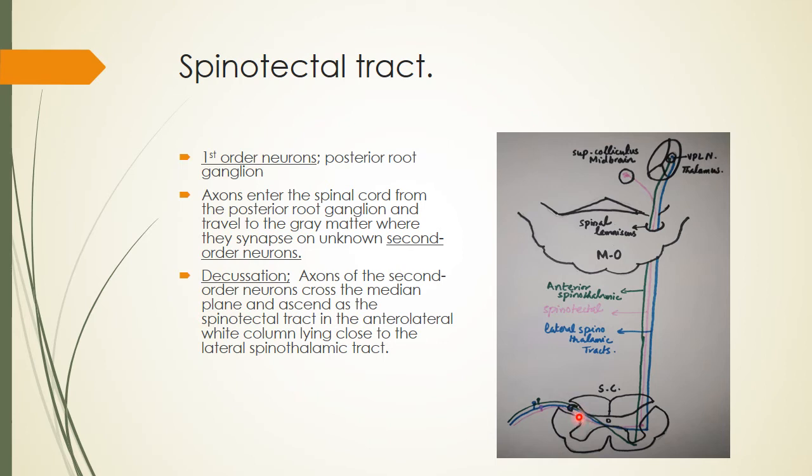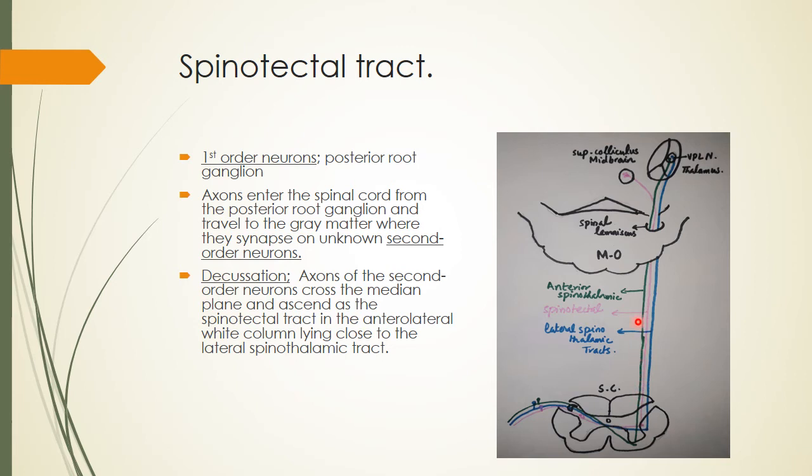So what are the second order neurons? This is unknown. After that, axons of the second order neuron cross the median plane and ascend as the spinotectal tract on the contralateral side of the white column.